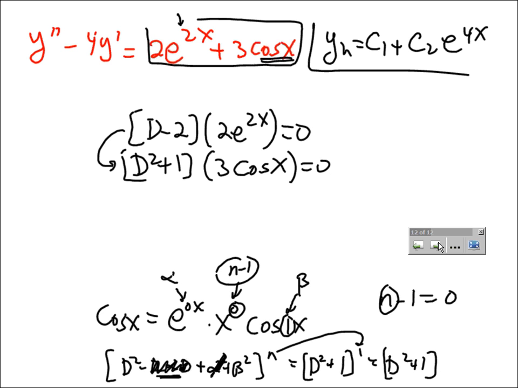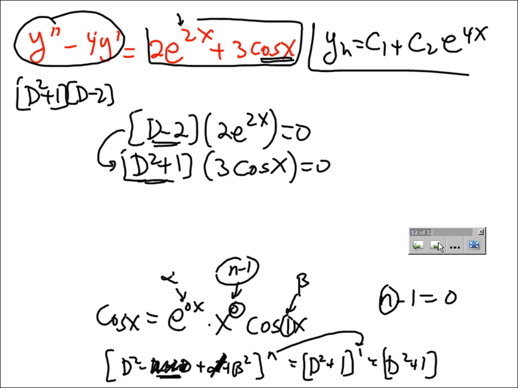So what's going to annihilate the whole thing? The answer is the composition. Which you write first is completely up to you. So I'm going to do D squared plus 1 composed with D minus 2 of this. But another way of writing that is second derivative minus 4 times the first derivative of y.